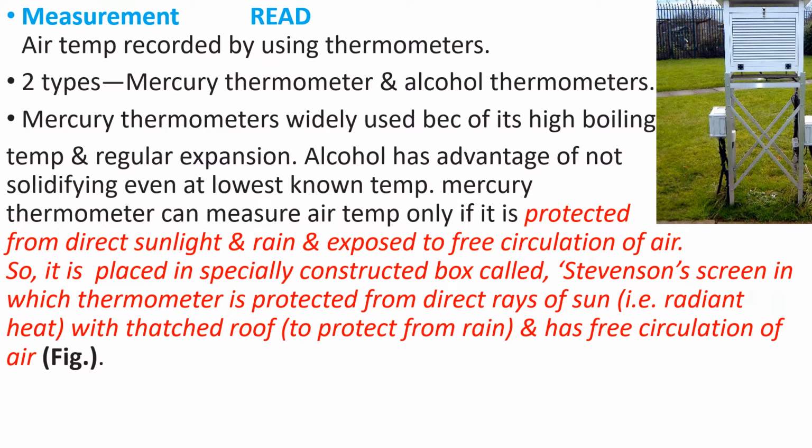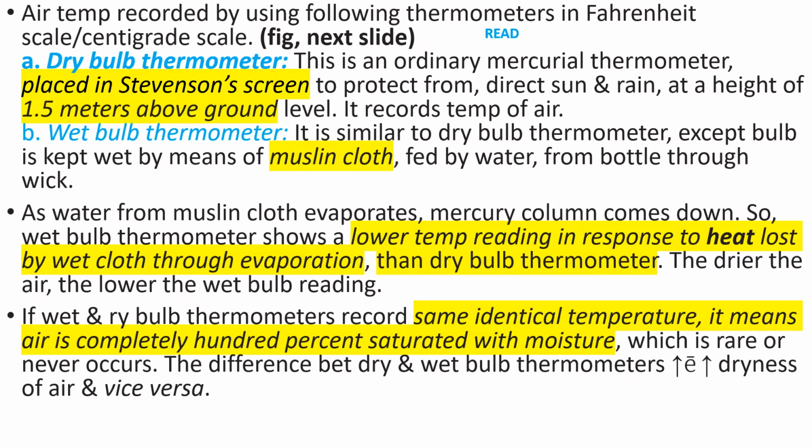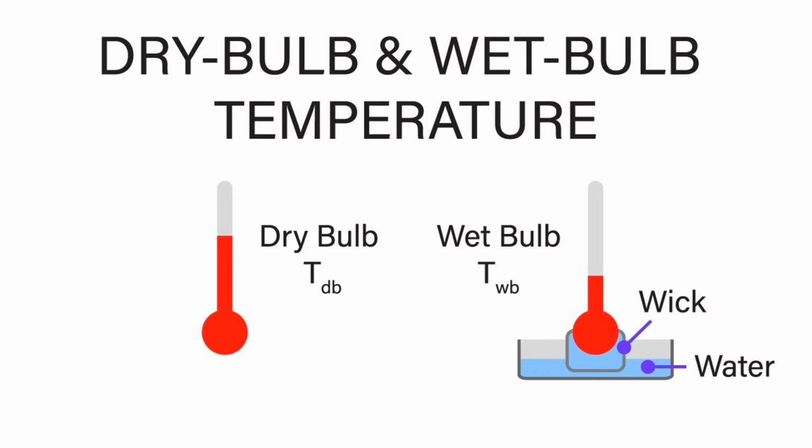This is how air temperature is measured. It is for you to read. Please print and read. Air temperature is recorded by dry bulb thermometer and wet bulb thermometer. Please print this and read.